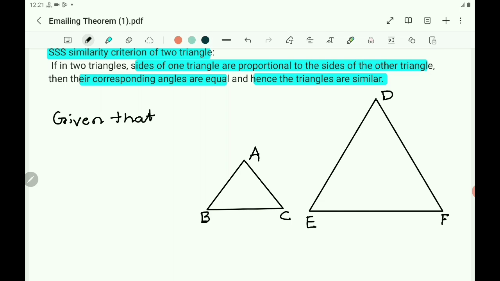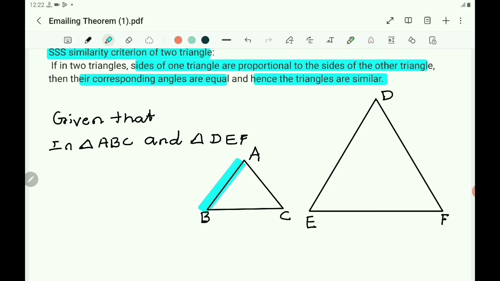In triangle ABC and triangle DEF, sides are proportional.